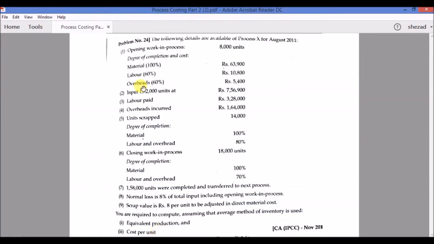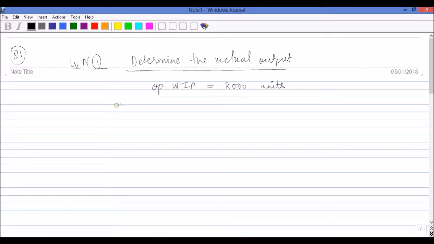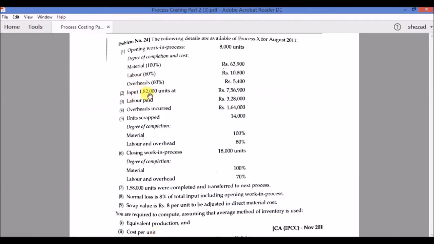Then there is an input of 1,82,000 units. Okay, so there is a raw material introduced which is 1,82,000 units. Then the units scrapped is 14,000 units.